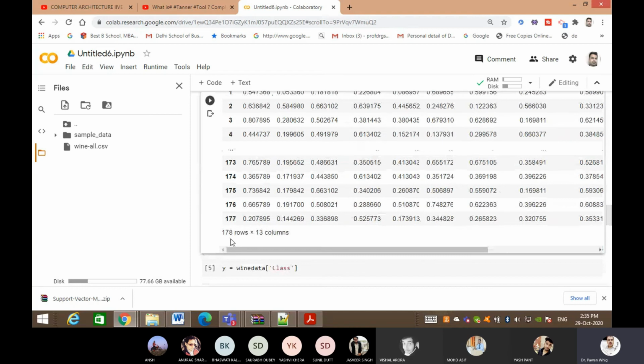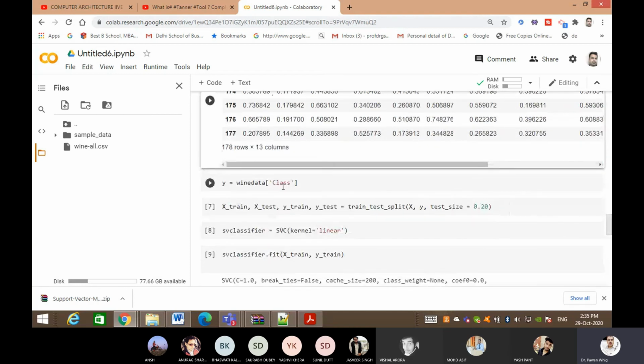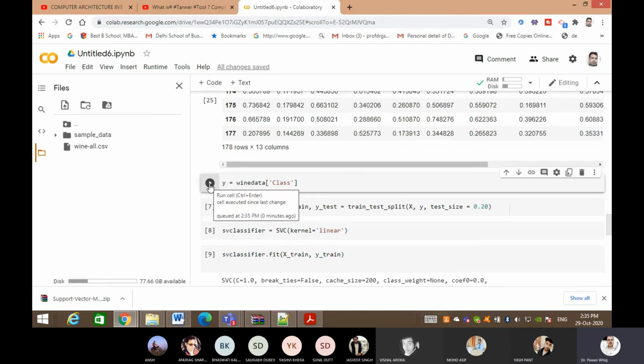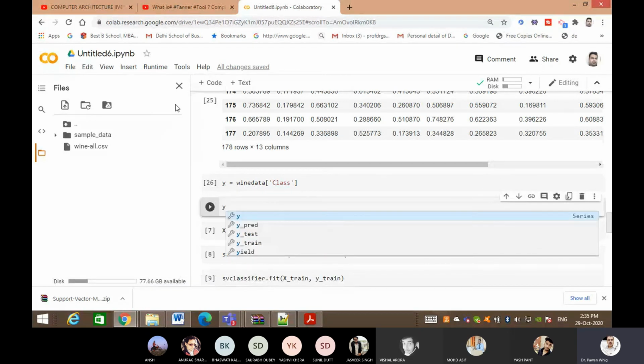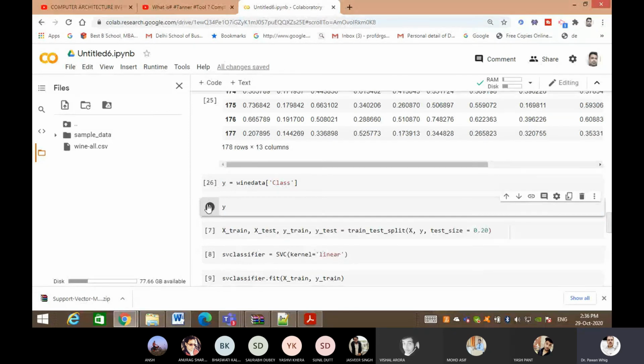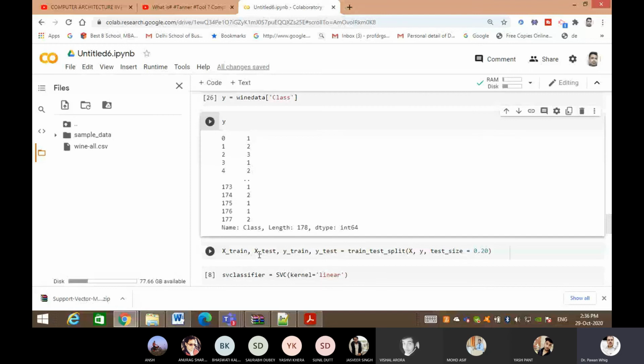After that you have to put that class from the wine data into another variable, y. So I am putting the class in y. You can check it in y. Now only the class is present. Let me show you. This is the class. So now we want to split X and y.